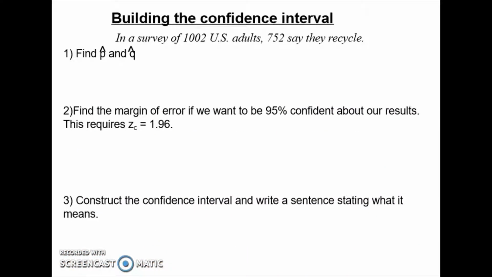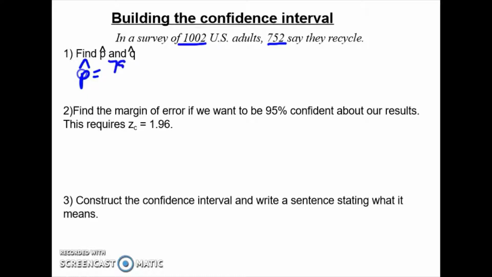Now, that's when the information is already given to us. What if we have to calculate ourselves? Well, the first thing we'd want to do is calculate our estimated proportion for success and proportion for failure. So if I think about my proportion for success, my p hat, it's always going to be my proportion for success out of the total.